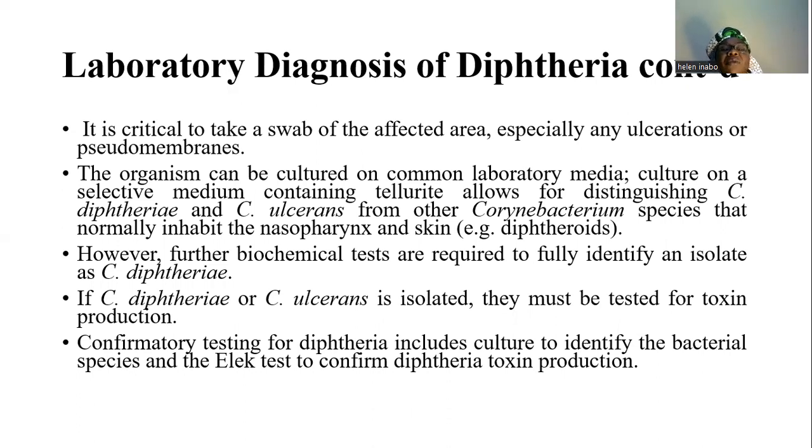The organism to be cultured must be on a selective medium containing the tellurite, which allows for distinguishing Corynebacterium diphtheriae and Corynebacterium ulcerans from other Corynebacterium species that normally inhabit the nasopharynx and skin.